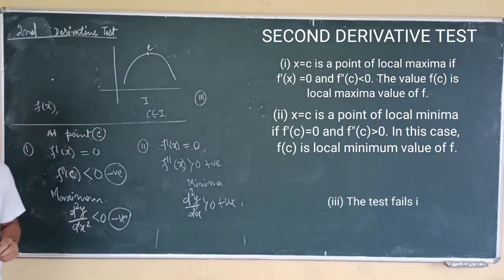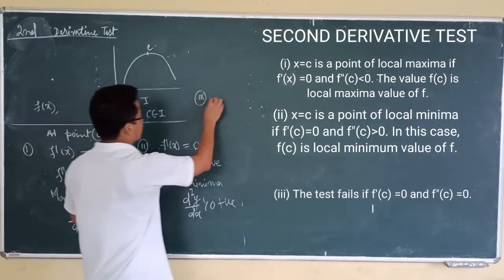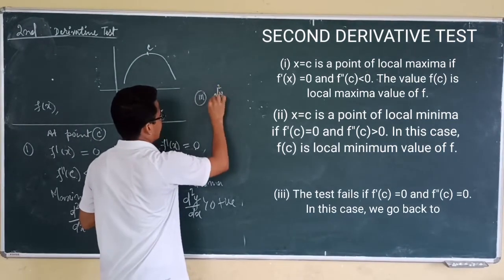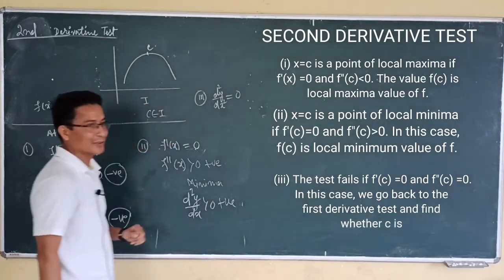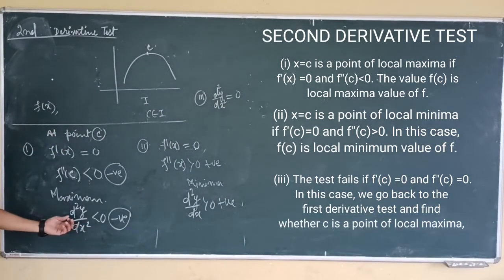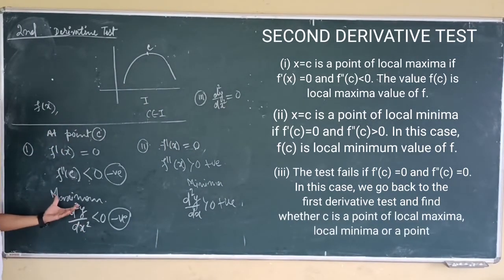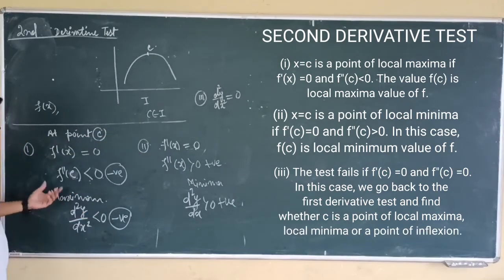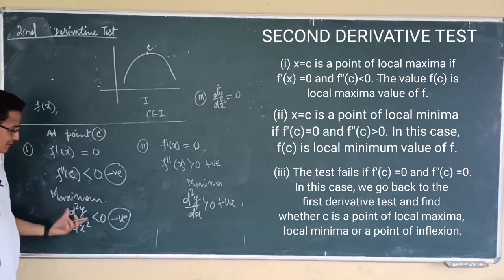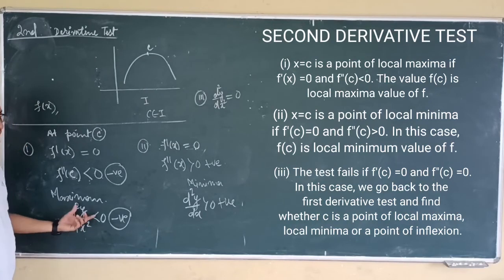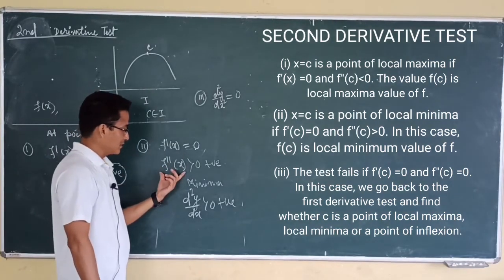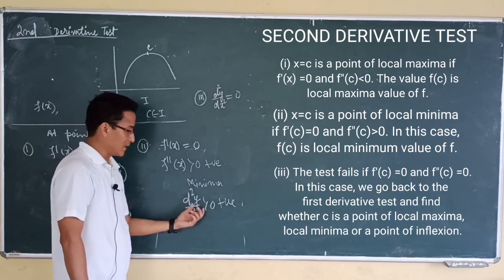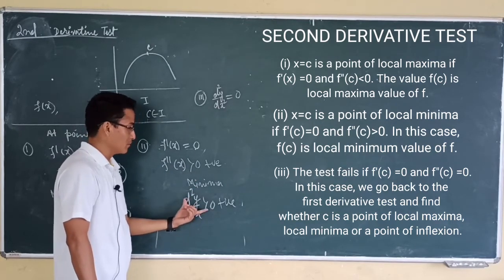Now number 3: if you get the second order derivative equal to 0, then... this is the first order derivative, and the second; if you get negative, then you get maximum, and if the second order derivative is positive, you get minimum.